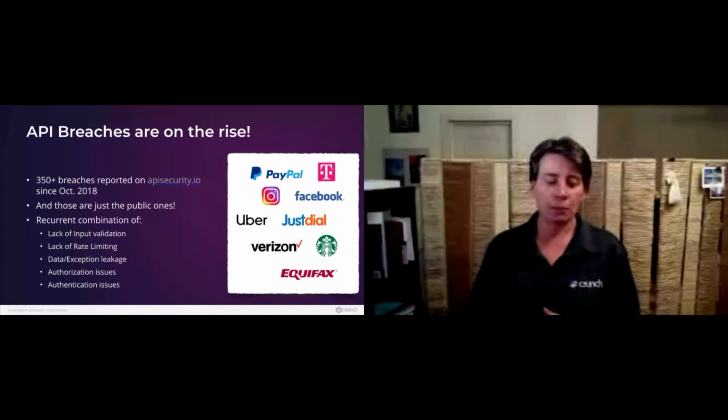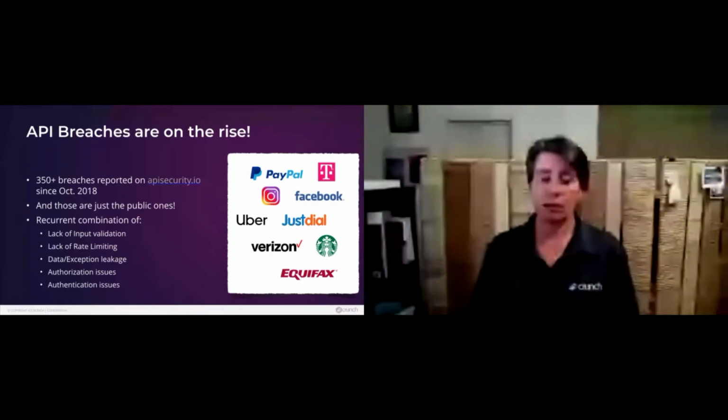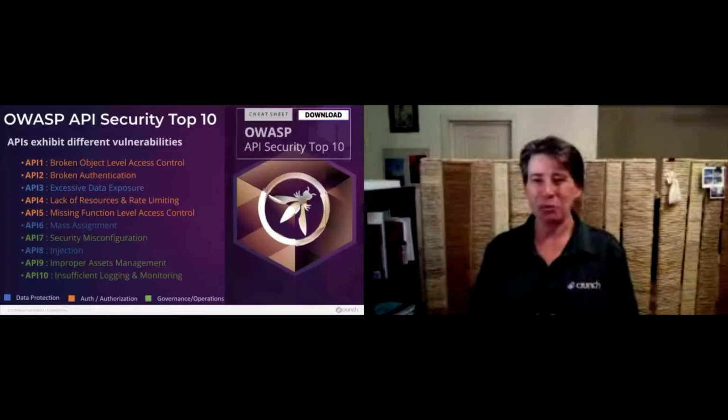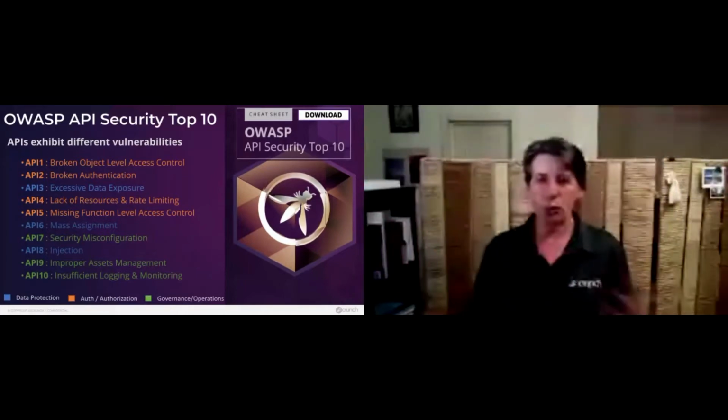Okay. If we look at all those different problems, in application security, traditionally, we had a list of the top problems that would happen to applications. APIs were not really exposed through that.